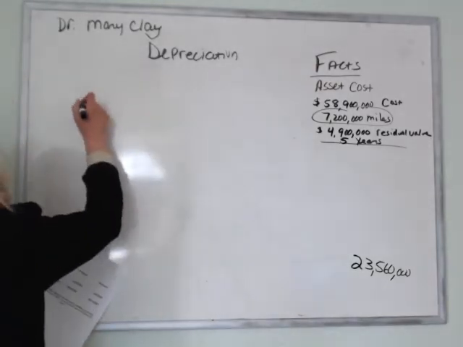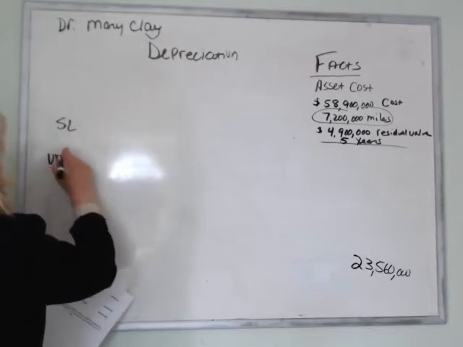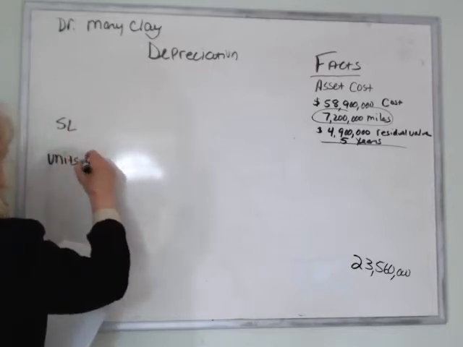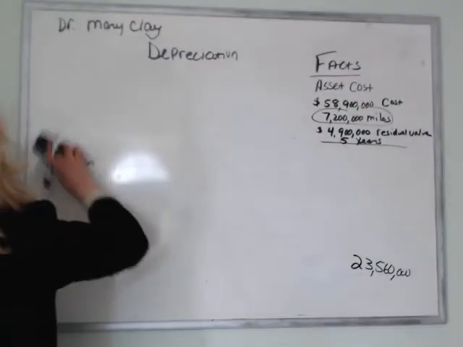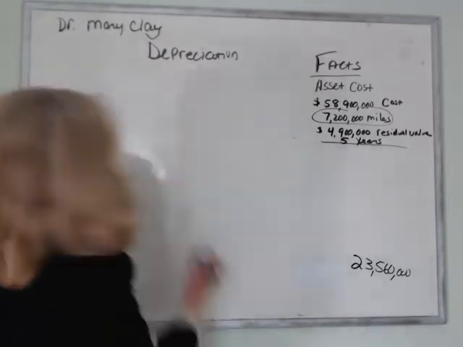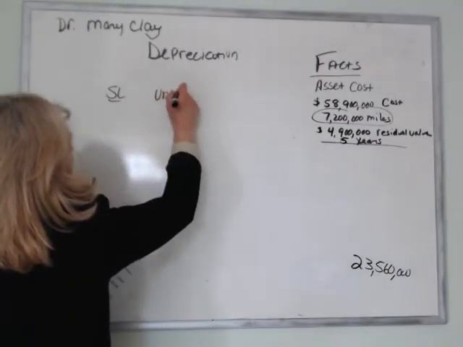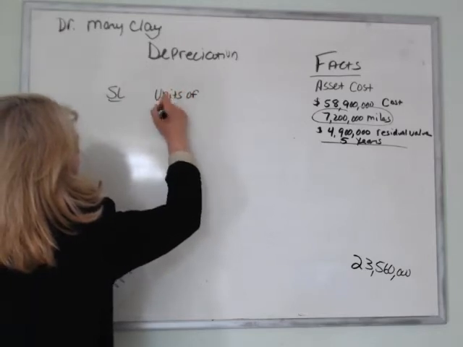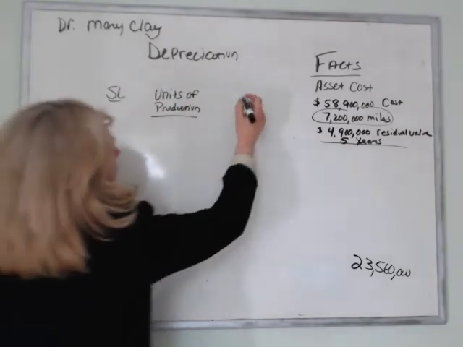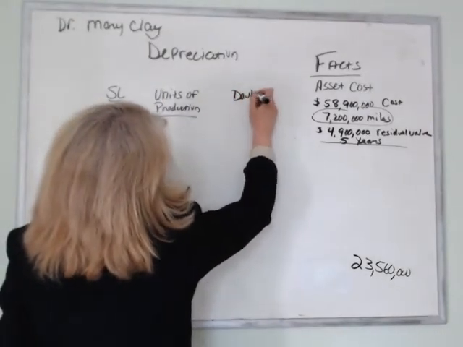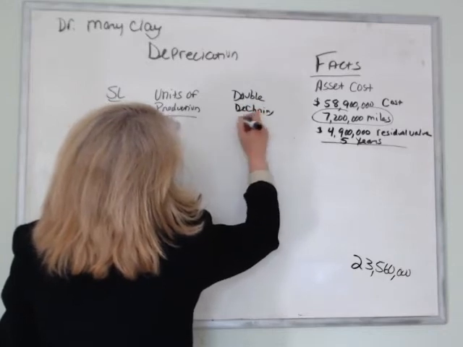All right, so straight line, units of production, double declining balance.